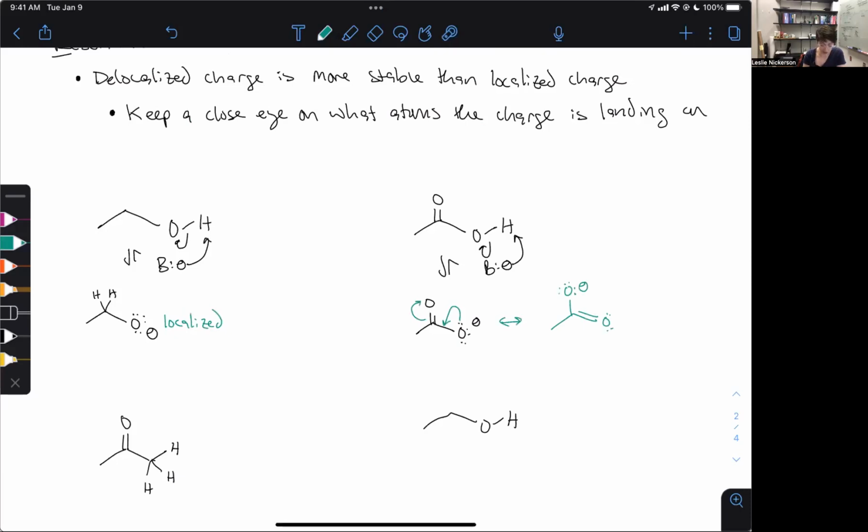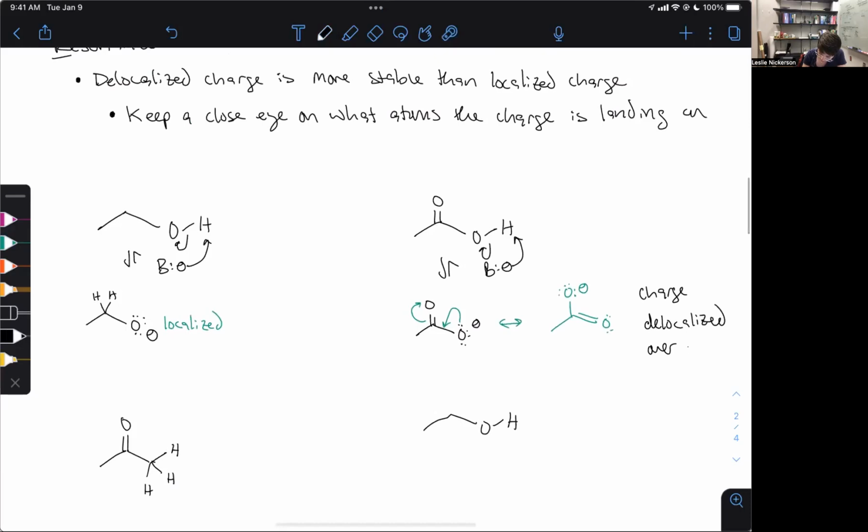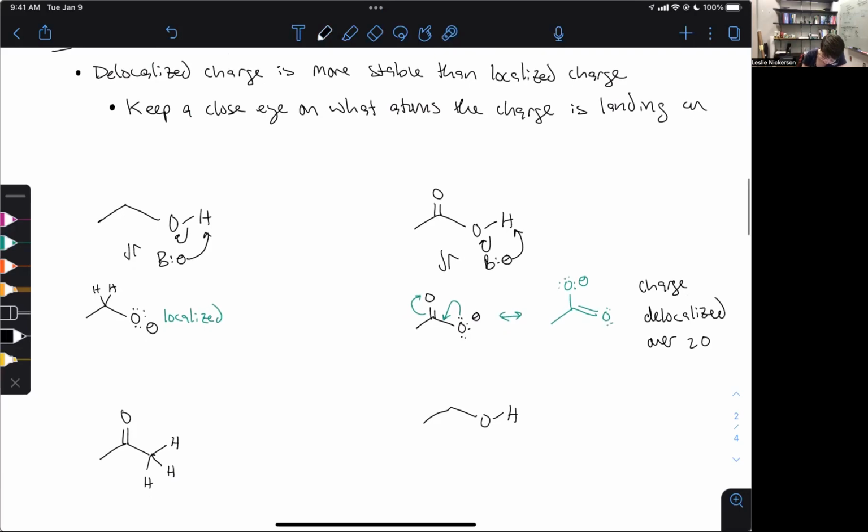So now I have that. This one, I've got my charge delocalized over two oxygens. That's a really powerful combination, having it delocalized over two very electronegative atoms. So in this case, this is the more stable, which makes this the most acidic, and this is the least acidic.